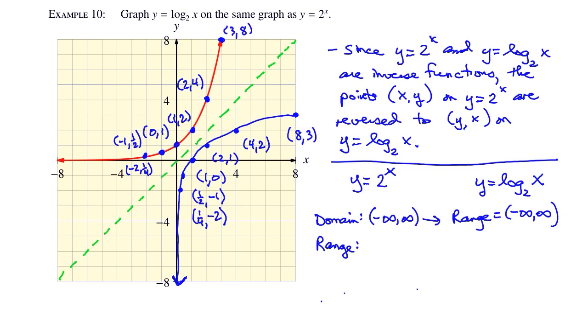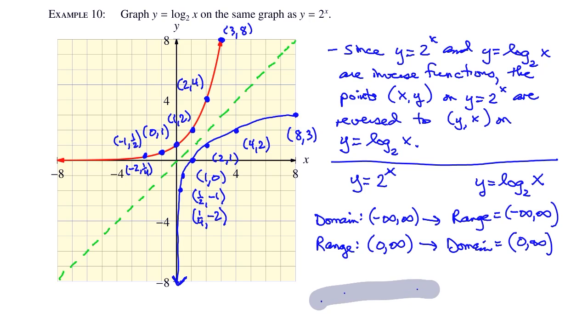The range of the exponential was 0 to infinity. You can see that here in the red graph. It's always above the x-axis. When you take the inverse function, you switch the range over to the domain. So the domain of the log function is 0 to infinity.